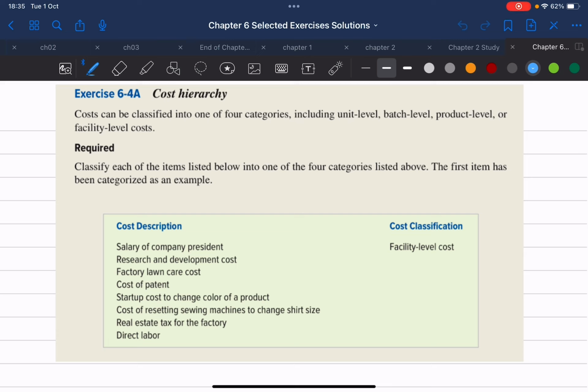You research the cup design, you design it, and then maybe do some improvements later on. But you're not going to incur this cost every time you produce a new cup, right? You're just going to incur it at the beginning to design that cup, and then maybe a few times later if you want to do some design changes or improve that product. So for this one, research and development cost, we're going to classify it as a product level.